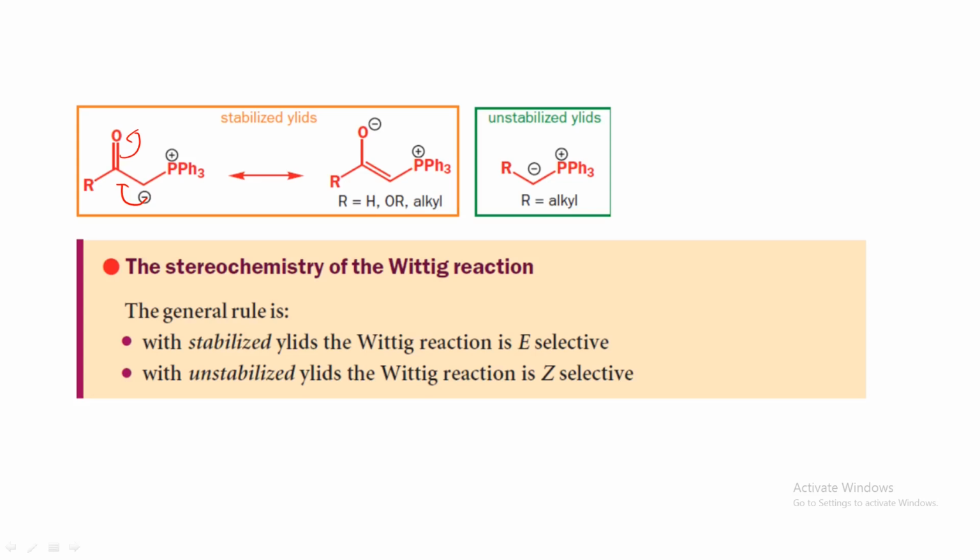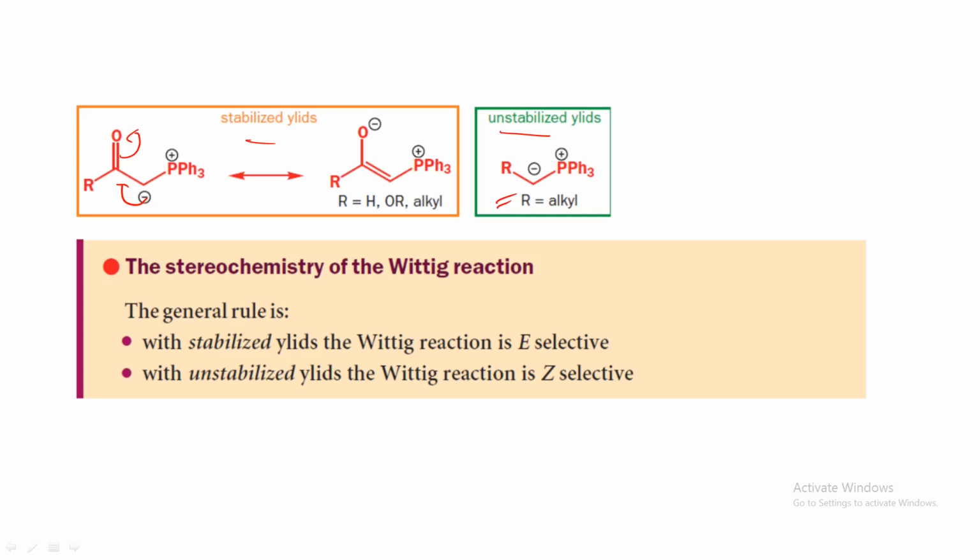What are the unstabilized ylides? So normal alkyl groups where this negative charge is completely localized on this particular carbon, it cannot be delocalized over here, so that's why it is an unstabilized ylide.